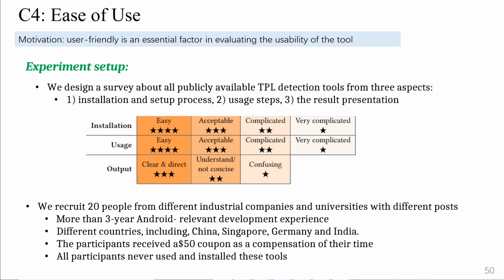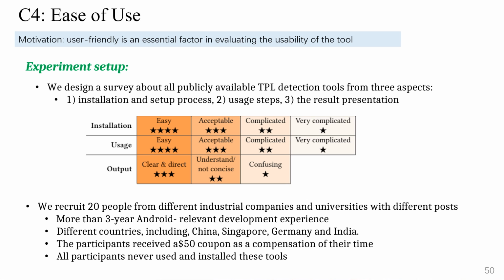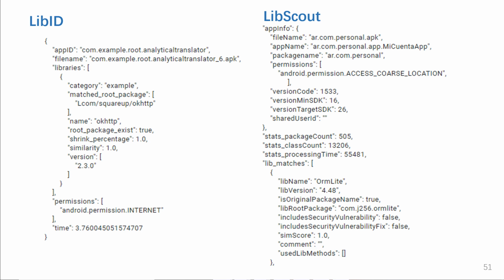The second is usage. The third is the result presentation. We recruit 2 people from different backgrounds to help us conduct this survey. And here we give some apps that they help us to install and run these tools.